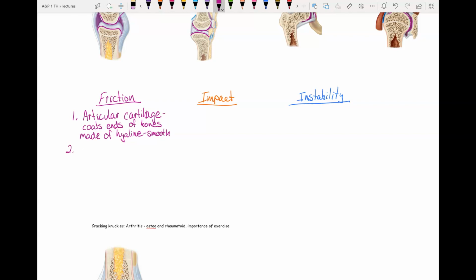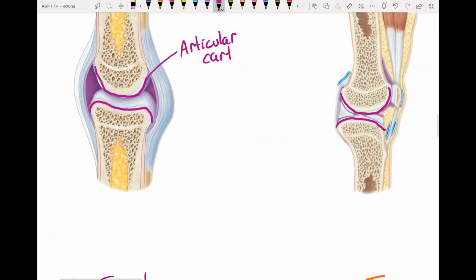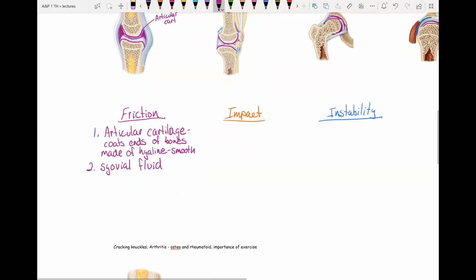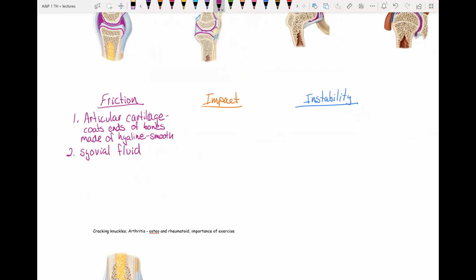You also have synovial fluid. So we have this area, this is the cavity. The joint cavity is filled with synovial fluid, and that fluid flows all the way around. Remember, synovial joints have a cavity, and that cavity is filled with synovial fluid. And this is an oily fluid, so it lubricates the joint.